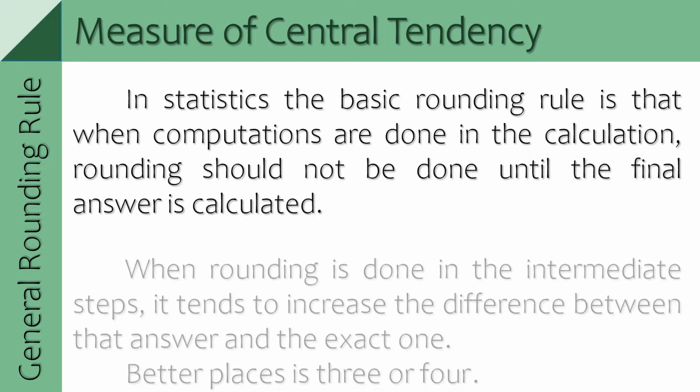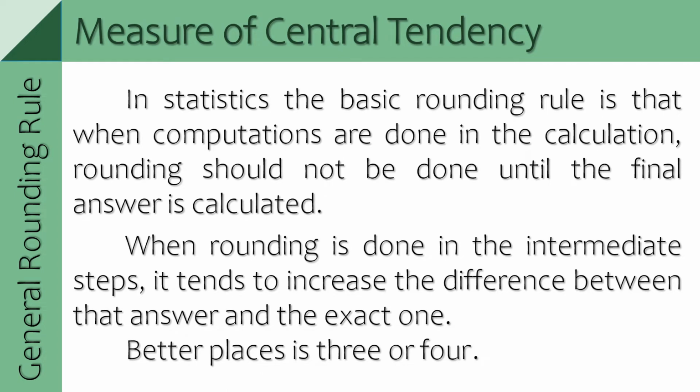When rounding is done in the intermediate steps, it tends to increase the difference between the answer and the exact one. Better places are 3 or 4 decimal places.